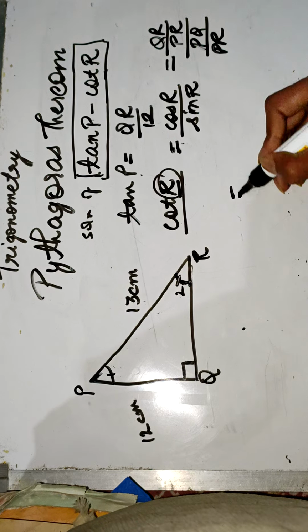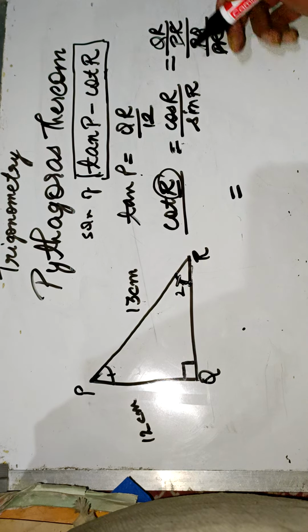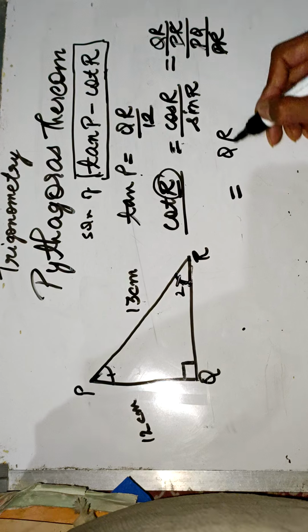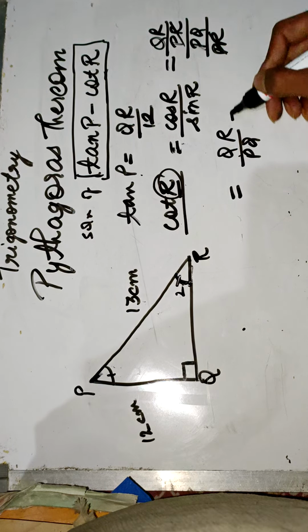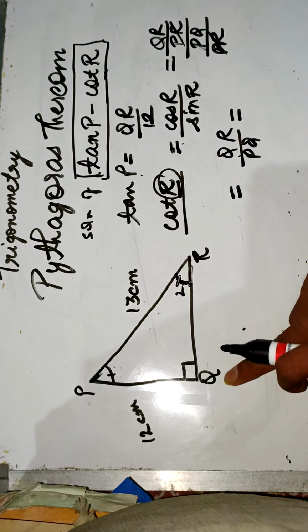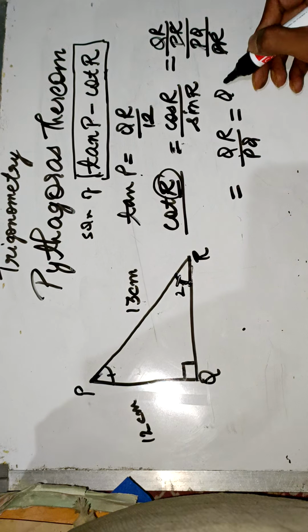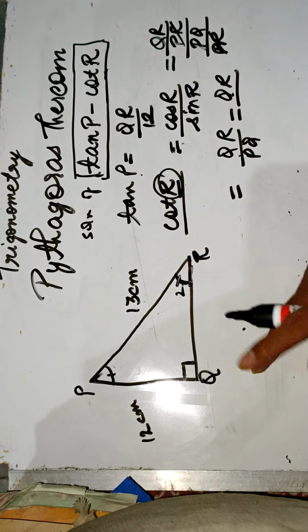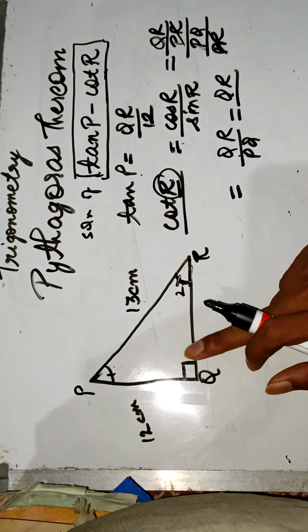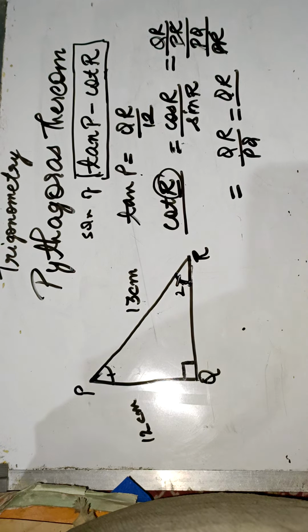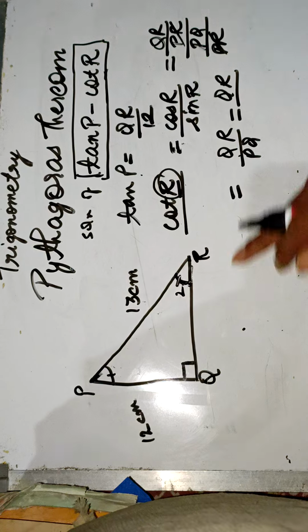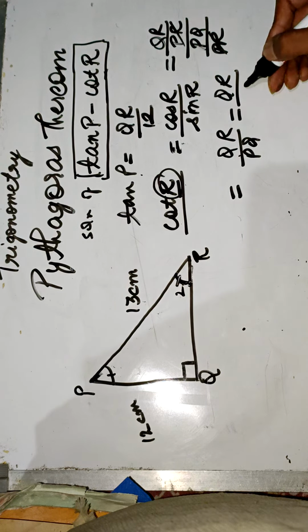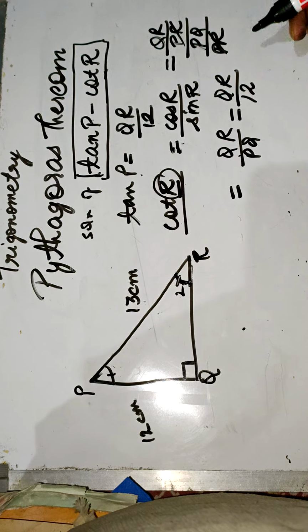As previously seen, PR will be cancelled and we get QR upon PQ. Now, QR is what we have to find right now, and PQ is given as 12 centimeter.